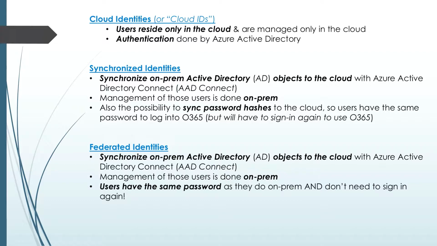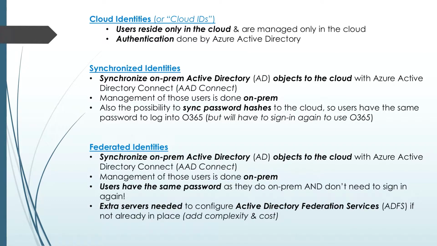So this is the SSO, or single sign-on. One thing you have to know is that you're going to need some extra servers to configure Active Directory Federation Services, or ADFS, if they are not already in place, and this will add complexity and cost to the infrastructure. So it's something you need to be aware of.